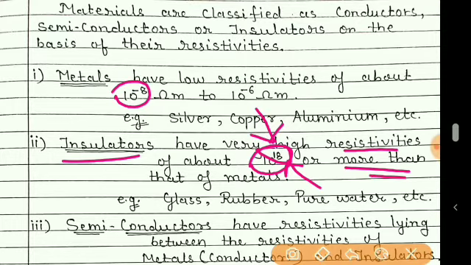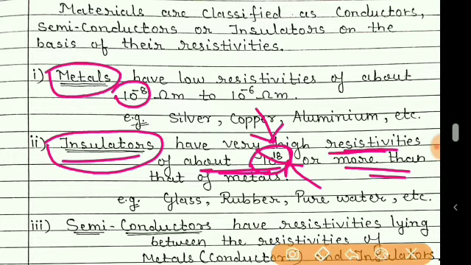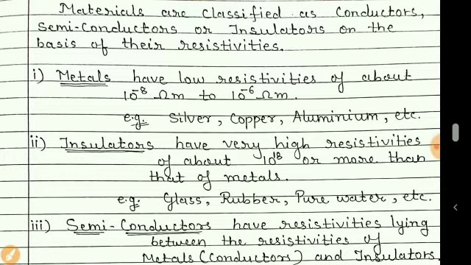And so for this type of materials, as the resistivity is very large, they do not conduct the current, and so they are insulators. Metals, they can easily conduct the current because their resistivity is very less. Here I have given examples also. For metals, it is silver, copper, aluminum, etc.